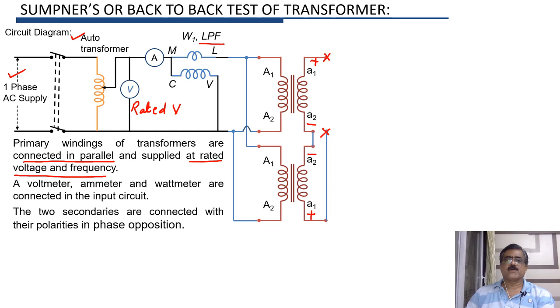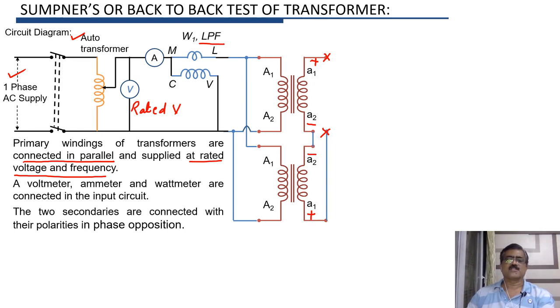Now we have to check what is the voltage between these two terminals. So we will trace this loop. If you trace from a1 to a2, you are moving from positive to negative, means there is voltage drop. And for second transformer, you are moving from a2 to a1, that is from negative to positive, means there is voltage rise. Means these two voltages are in phase opposition.